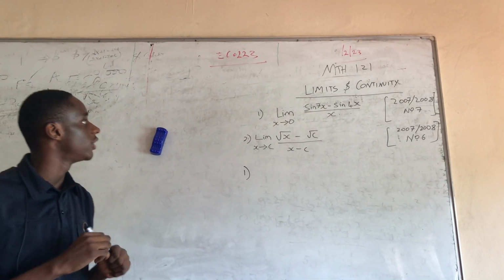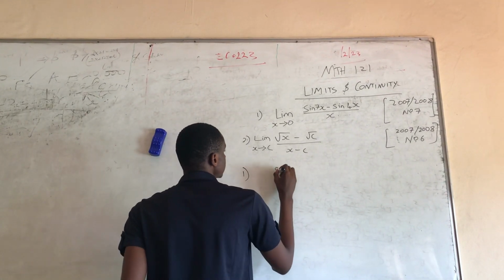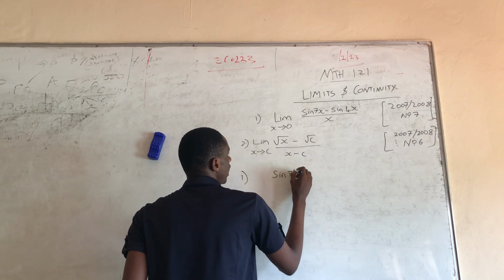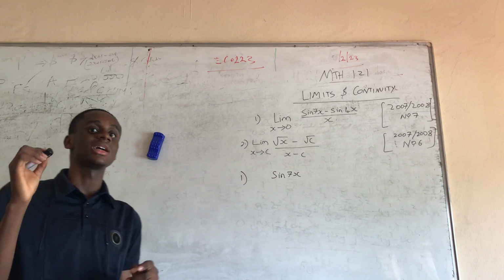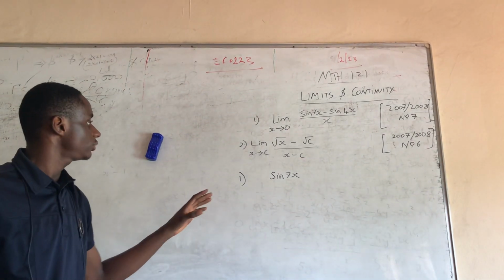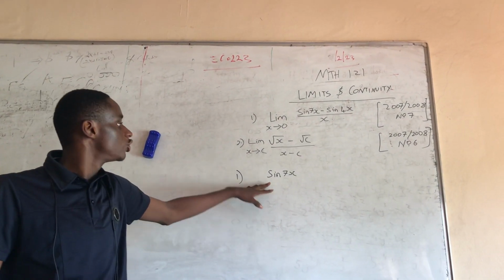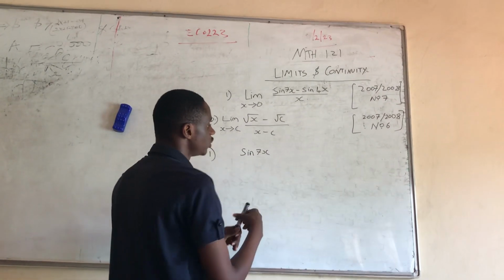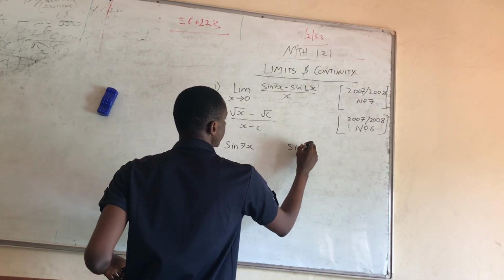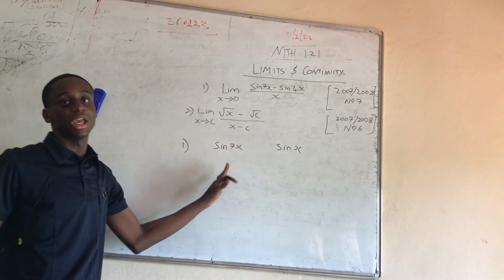So now we are going to differentiate sin 7x and sin 4x. You can see that it is not in the standard form, so you have to apply the chain rule, because it's not sin x, where you can just say cos x.